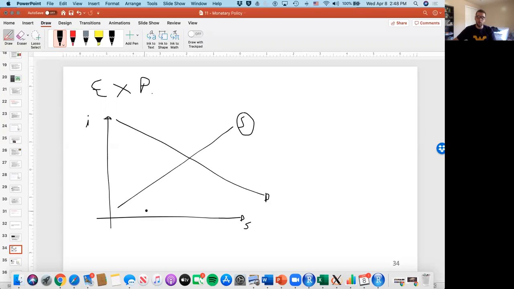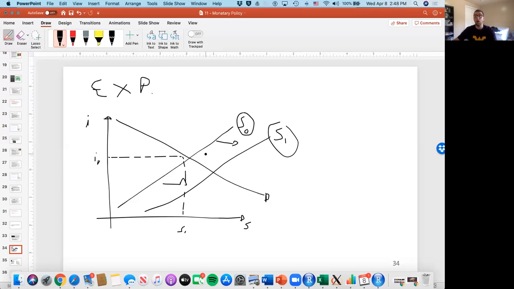We're going to move, so this is going to be S0, S1. We know the equilibrium before was S0 and I0. After the expansionary policy from the Fed, we know the supply of loanable funds would, actually this is 0 and this is 1. My bad, guys.